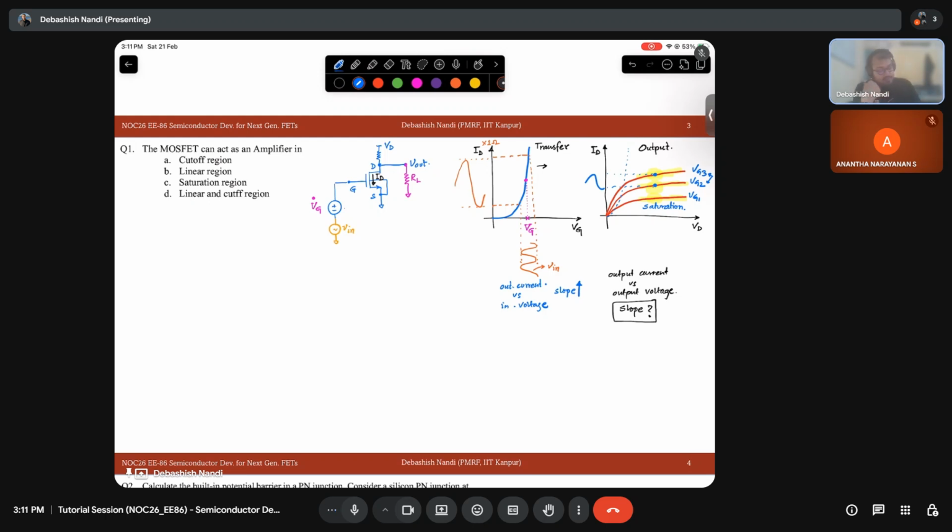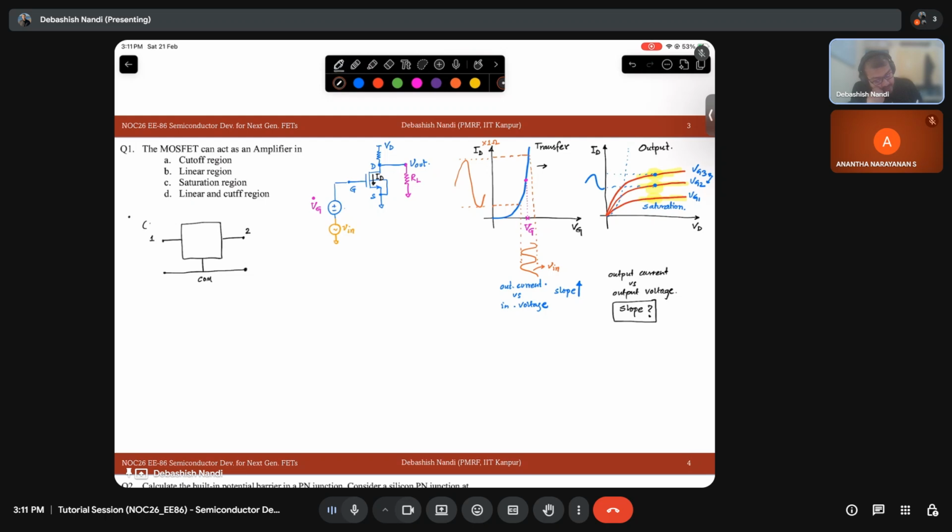So for that, let's construct a two-port network. This is basically your MOSFET only. So this is one, this is two, and this is your common terminal, right?